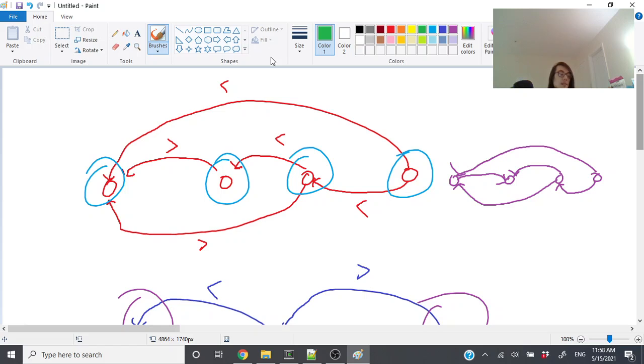So when we stick on a new element, it's kind of like every element has a representative.